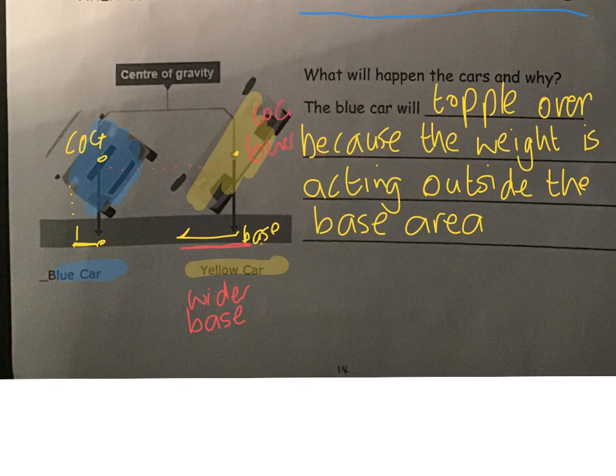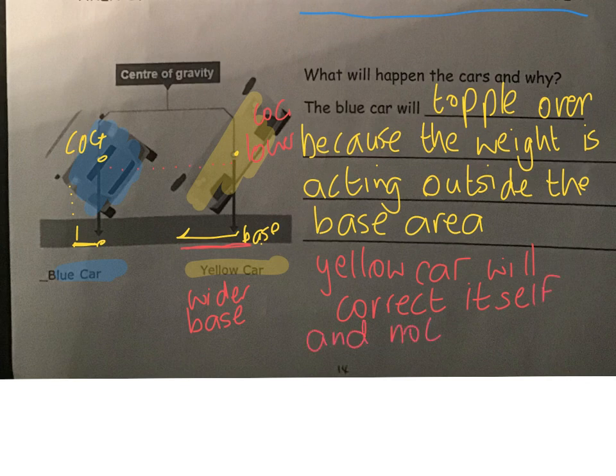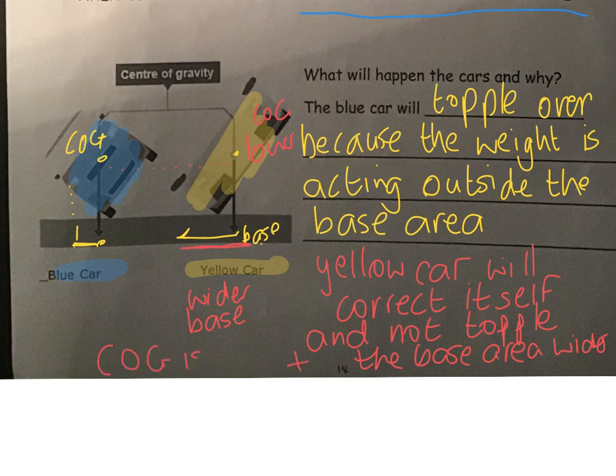So the yellow car will correct itself and not topple. And it won't topple because the base area is wider, and the centre of gravity is lower.